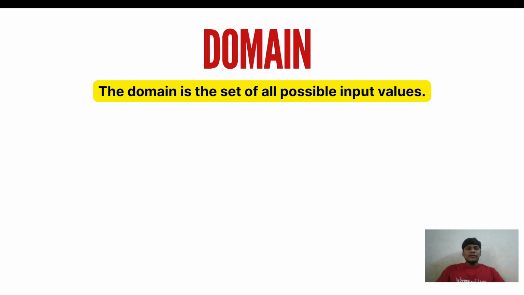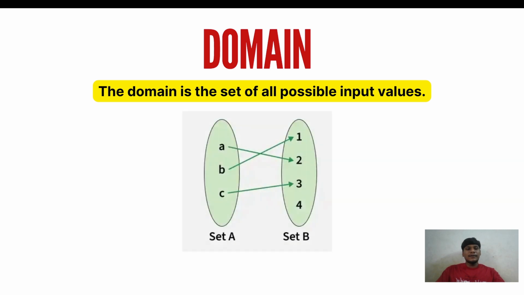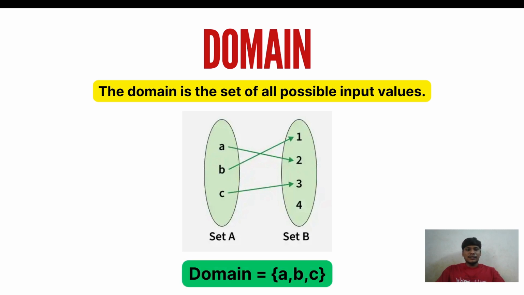Okay, domain. Now what's the domain? The domain is the set of all possible input values. Input values means in this set A B C is the input value, and then set B is the allocated value of output. So the input value ABC is called the domain.